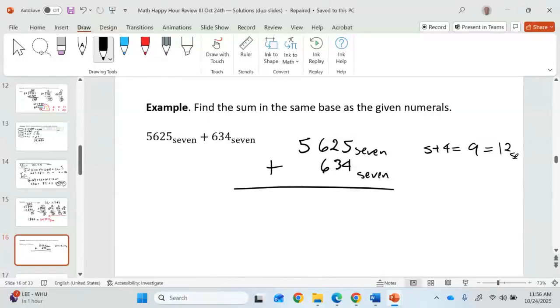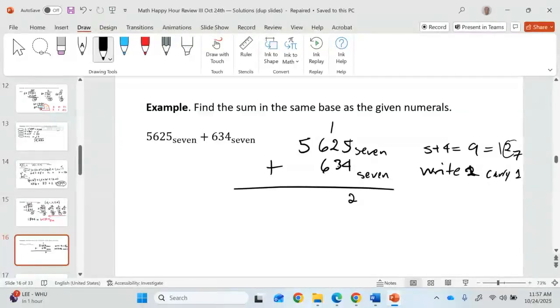I'm going to put a small number, which means the base, so I'll put a 7 because it's a 7 plus a 2. And so I write the 2 on the units and carry the 1. So I put the 2 below and carry the 1, and just continue like that.